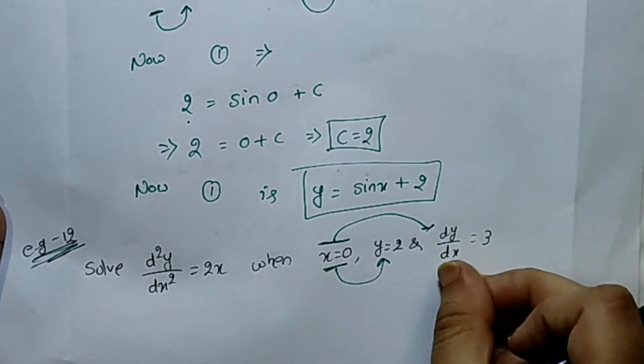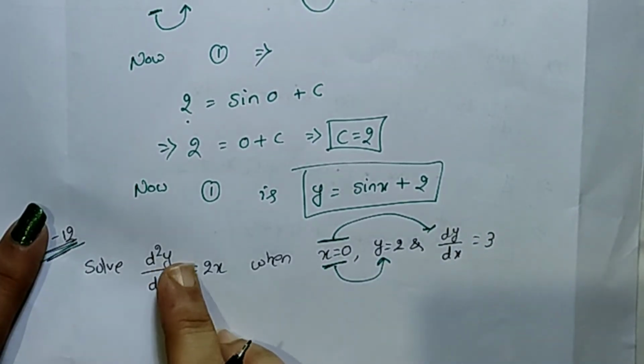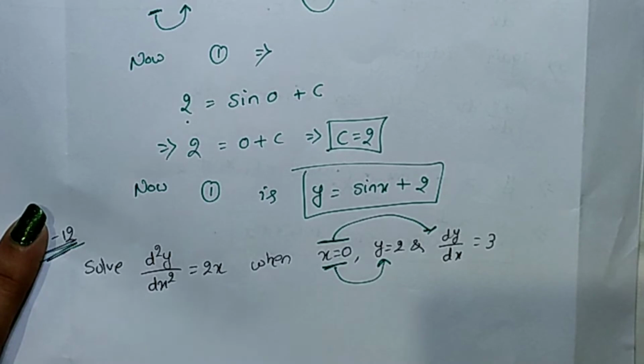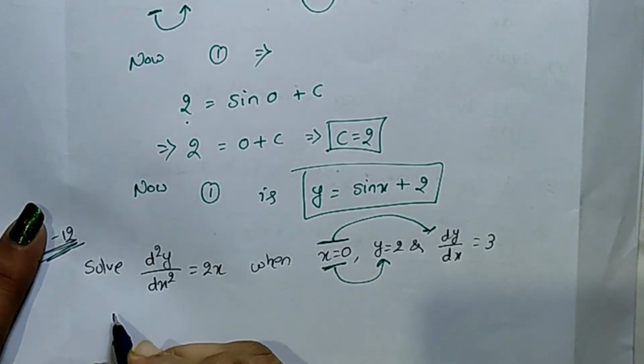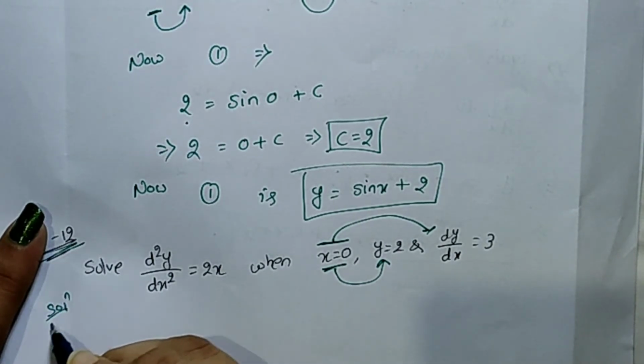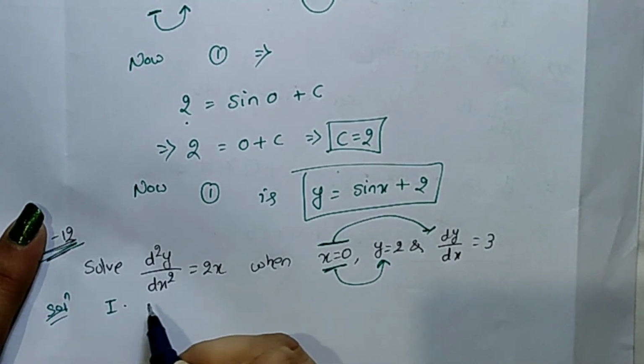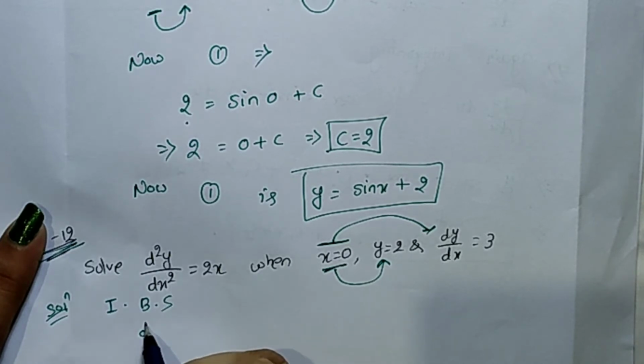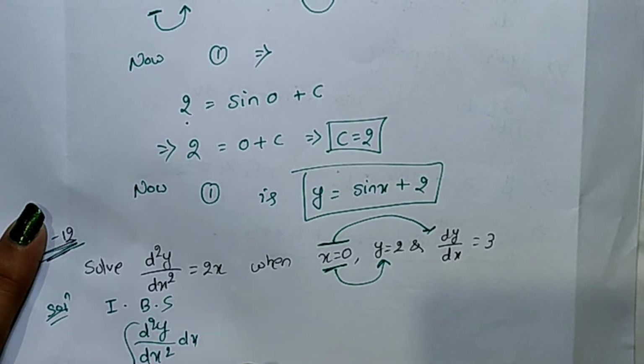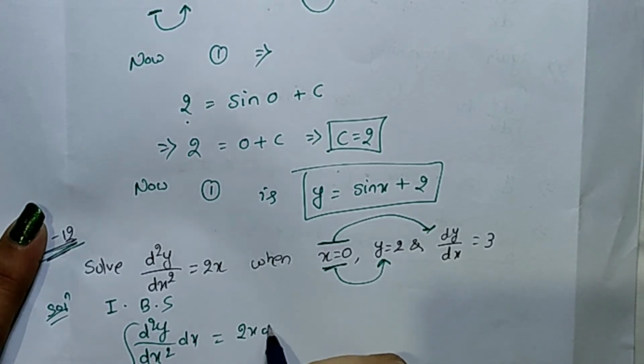We have two conditions. d square y by dx square is equal to 2x. This is a type 2 differential equation, so we have to integrate twice to get the solution. First, integrating both sides, the integral of d square y by dx square dx is equal to the integral of 2x dx.